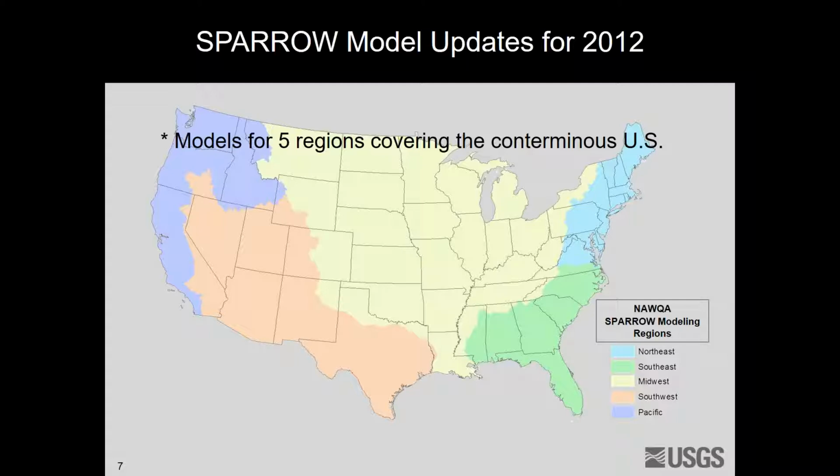The first is that we've developed regional models for 5 regions that cover the full conterminous US. That previous set of models, we did not do the Southwest, mostly just due to resource constraints. And so this time around, we have it for the whole US.